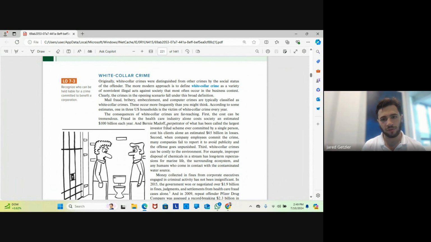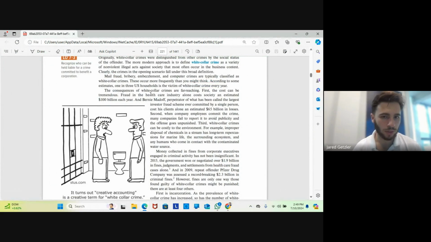Some other forms of white collar crime are mail fraud and bribery. I'll explain later what it is. It's just bribing a government official or someone, not a fee for your services, to influence them to do a certain action. Another example of white collar crime would be Bernie Madoff's Ponzi scheme. He told people, hey, invest your money with me and you can get a great return.